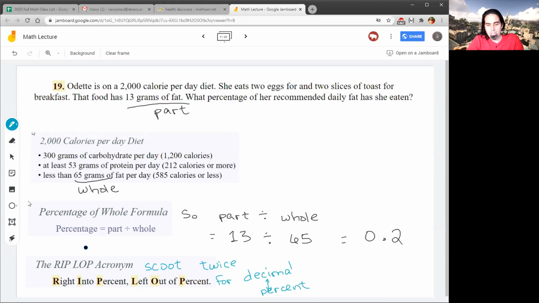We want to go in to percent format. So we're going to go right to go into percent format. So she's eaten 20% of her fat for the day with her breakfast.